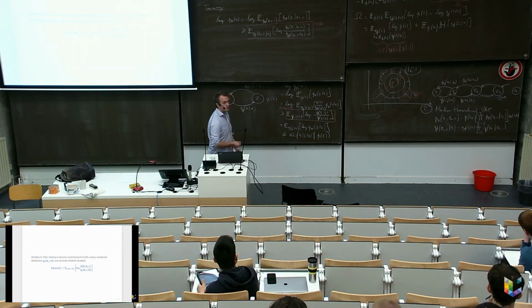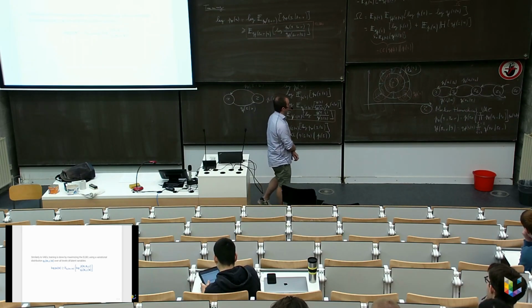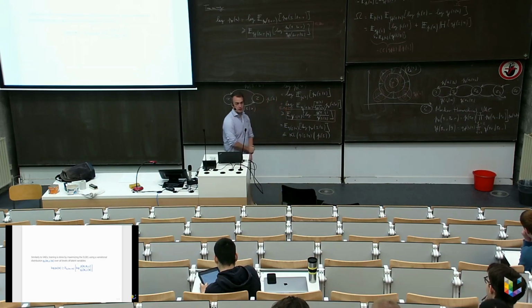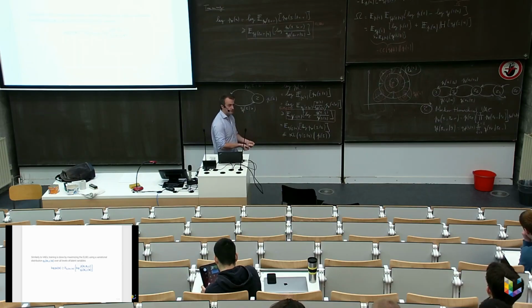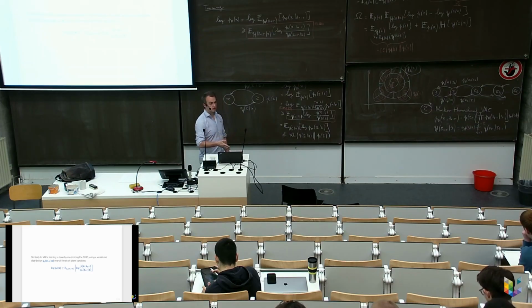And so the trick is to relax the prior, to upgrade the prior to something which is parametric. Here what we did was to say, okay, the prior is itself a deep generative model, it's itself a VAE. So we are stacking a second VAE on top of the first one, but the second VAE also comes with its own prior.